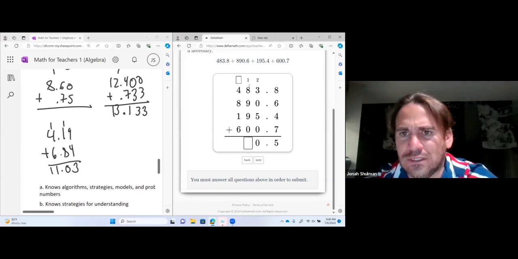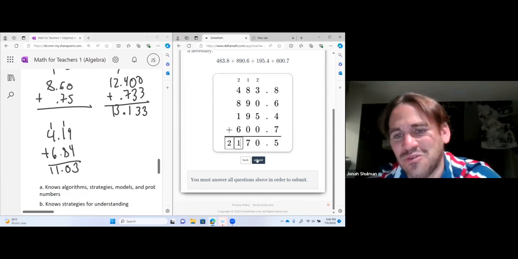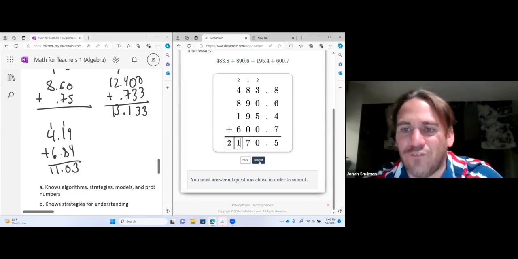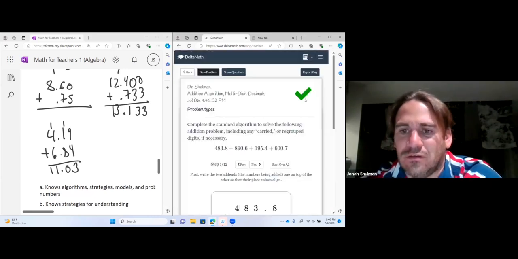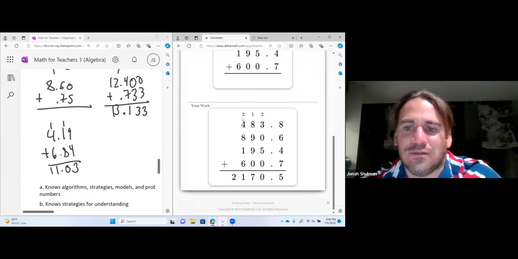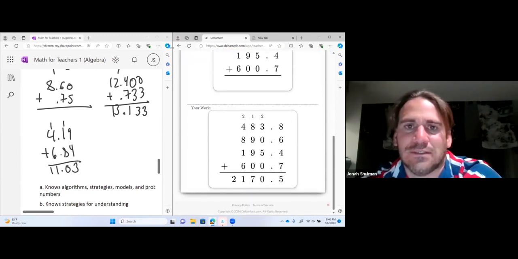All right, so this is 10 and 17 is 27. And finally, we have 10, 20, 10, 21. So I got 21. 2,170.5. Yes. Cool. All right, so looks nice.